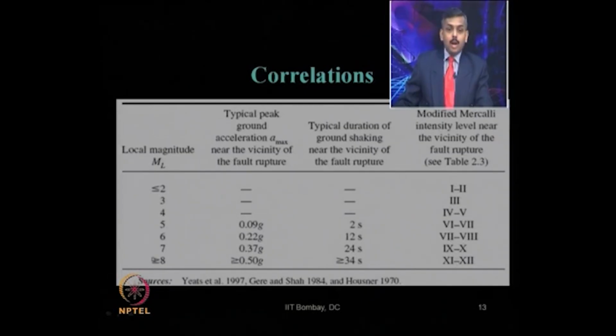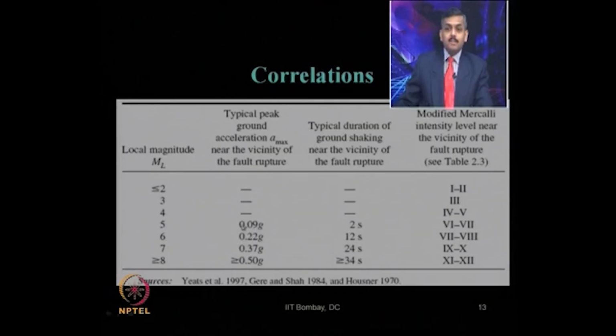Whereas local magnitude or Richter magnitude greater than or equal to 8 refers to typical Amax values of greater than or equal to 0.5 g, typical duration of greater than or equal to 34 seconds, and MMI scale of 11 to 12. So, if you look at these values, it will be easy to remember them corresponding to each scale.